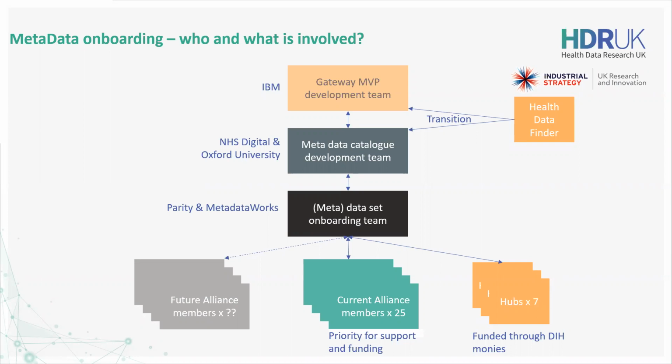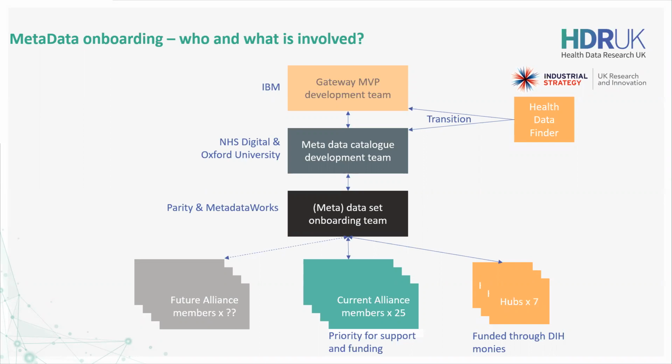We're lucky that with the metadata catalogue, we're building on what's been developed through Health Data Finder. It's a very agile and flexible tool, which has allowed us to build out some of the metadata standards that Adam will talk a little bit more about later on. And I guess the key bit for this is that the priority for support and funding, both through the work that Parity and Metadata Works will be doing and through the capital investment that we're able to make, will be with current Alliance members.